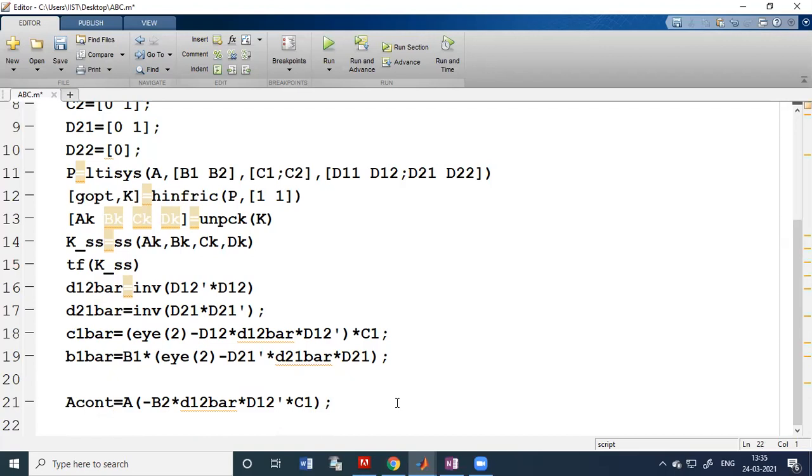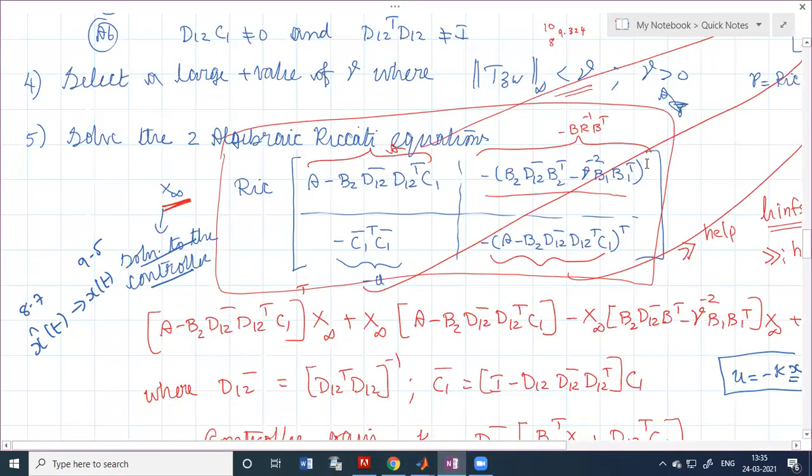Then what's the B part? Sir, A minus B2. Oh, sorry, A minus, right? Is this correct? Yes, sir. Now what about B? What about the next term? This is the B part, right?